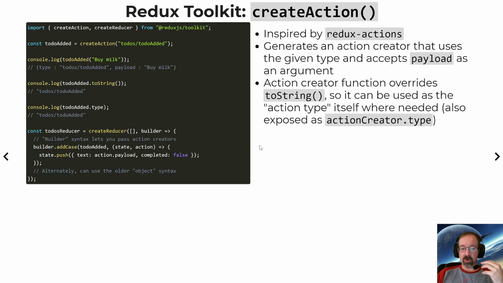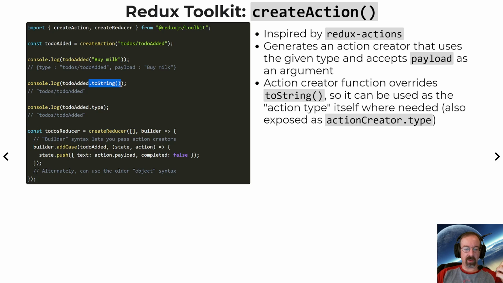We also have a function called createAction, which is sort of like an action creator creator, I guess. So you pass in a string action type, it makes the action creator function, and then by default, whatever you pass in as the argument gets turned into the action.payload field, because that's a very common convention for organizing Redux objects.